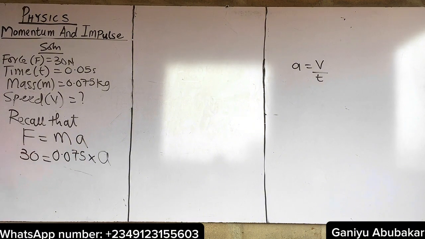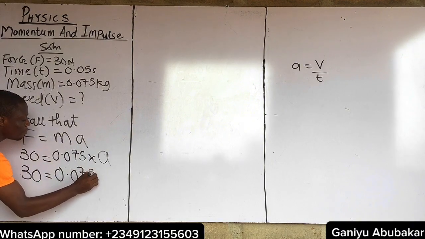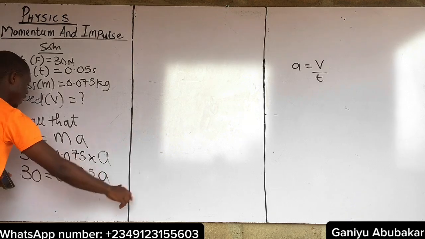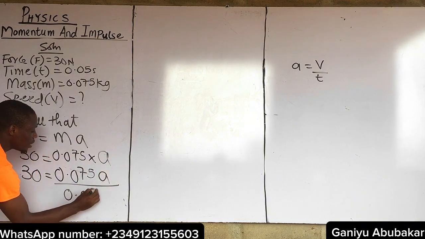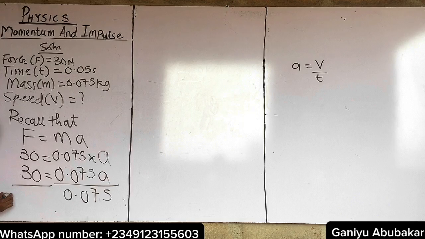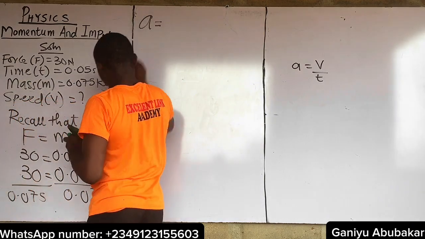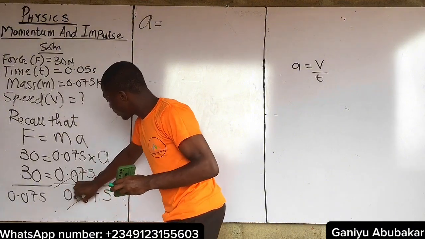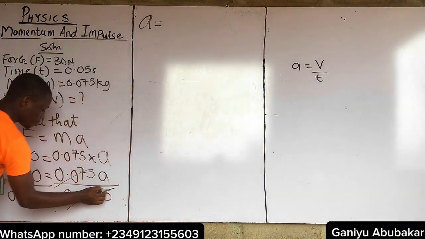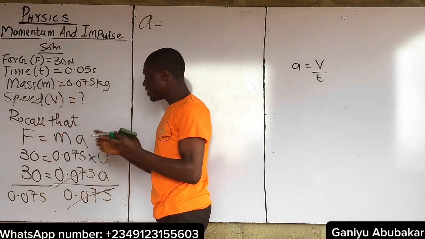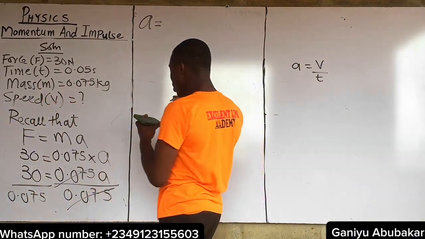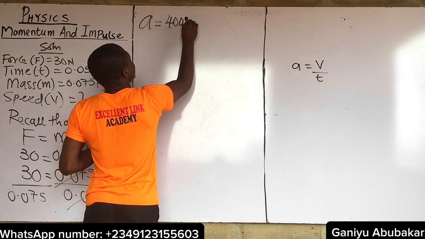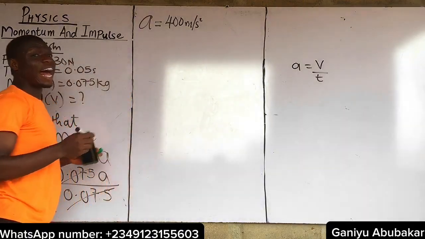If I multiply through, I'll have that 30 is equal to 0.075 A. Let's get A here. Divide here by 0.075. Divide here by 0.075. My acceleration A now is equal to this here. Cancel this here. Acceleration A is equal to 30 divided by 0.075. I'll have 400 meters per second squared as my acceleration.